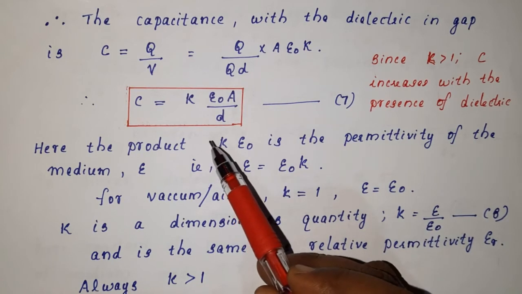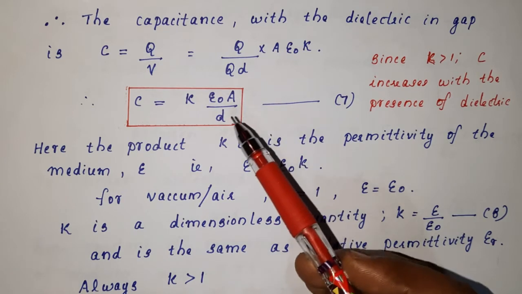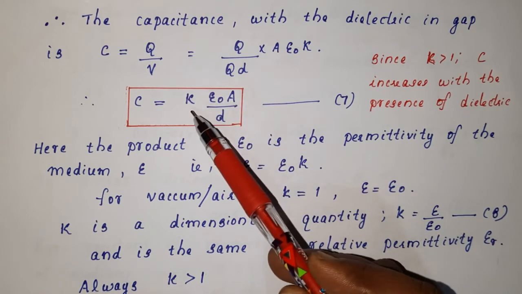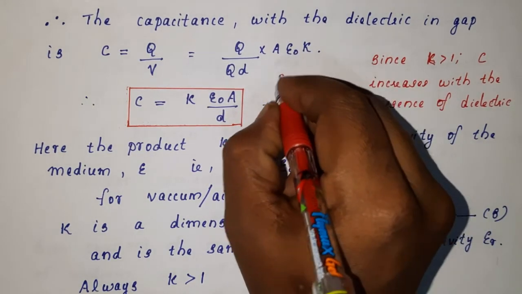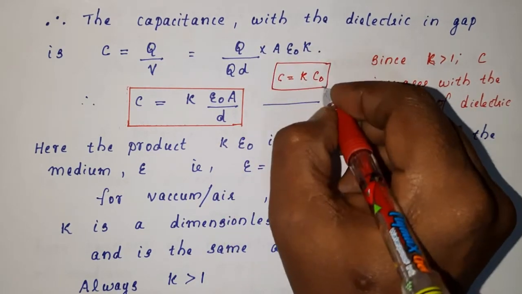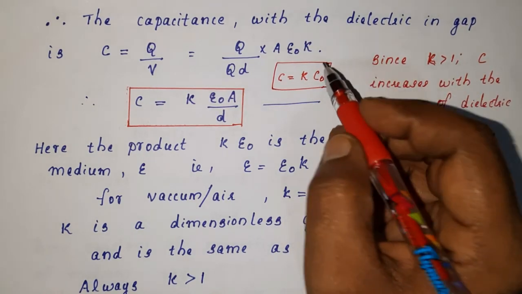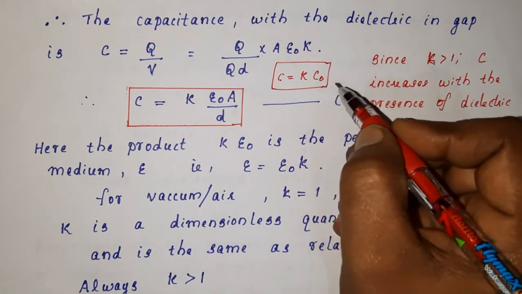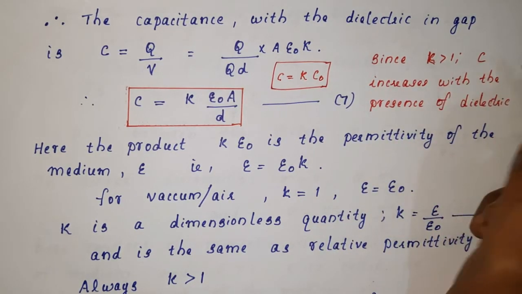So for a given capacitor, its capacitance increases with the introduction of a dielectric, and the capacitance becomes K times the previous one. That means we can write the equation C is equal to K C0, where C is the capacitance in the presence of dielectric and C0 is the capacitance in the absence of dielectric. So for a given capacitor, the capacitance increases K times with the presence of dielectric, where K is the dielectric constant.